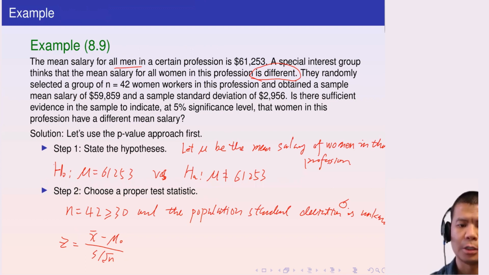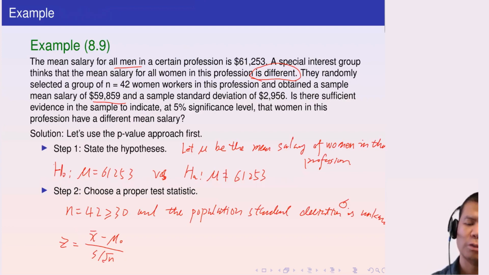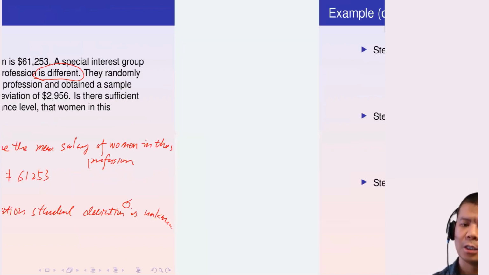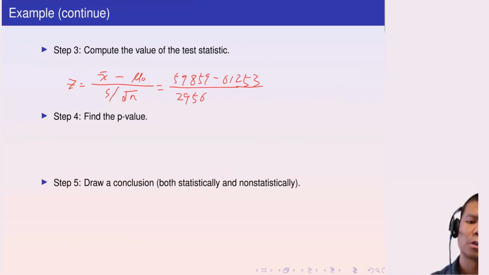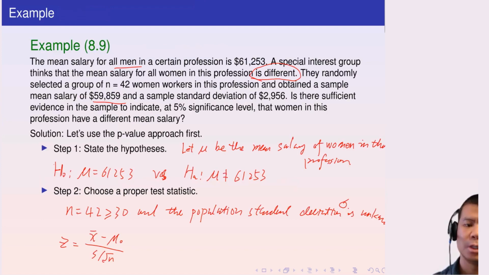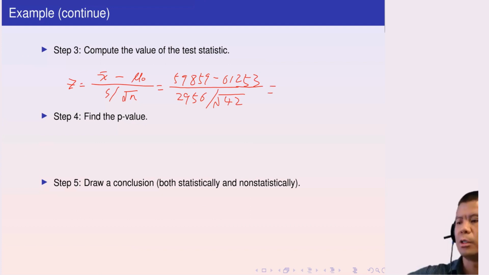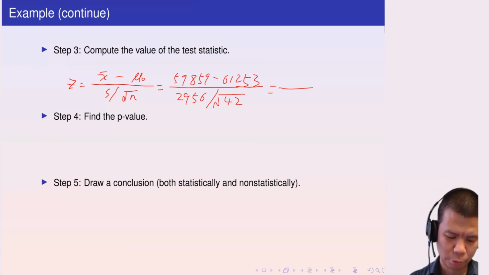We see that x bar is the sample mean, so 59,559 minus 61,253, over s is 2956, over square root of how many of them? So 42, square root of 42. Now I need to calculate the value again. Bear with me for one second, I'm going to get that for you real quick.